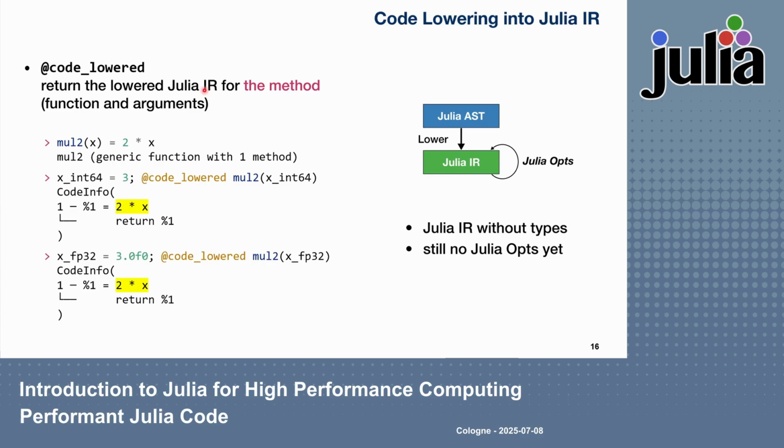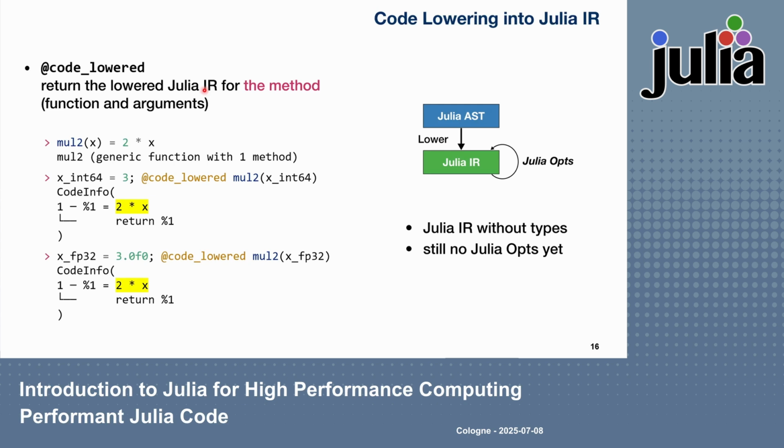Here, once again, is the function multiply by 2. Here, I define only one method. And for this method, we can put an integer as an input, and then generate the so-called lowered Julia intermediate representation.